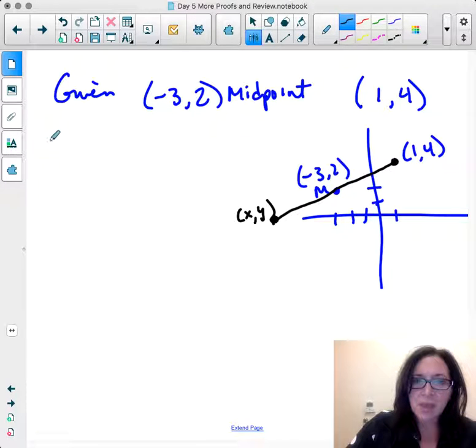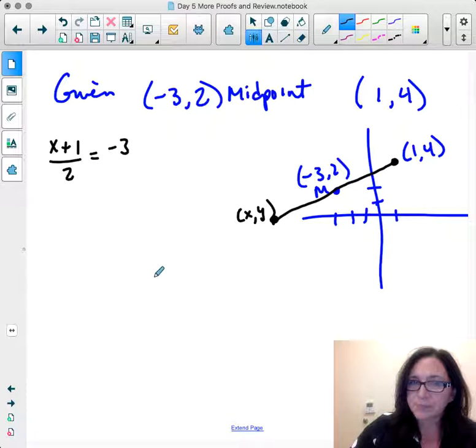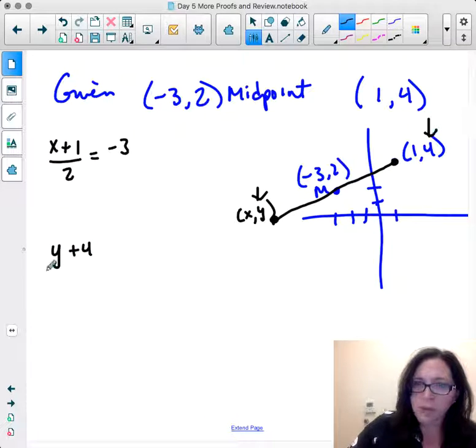So you're going to go x plus 1 divided by 2 is equal to the x coordinate of the midpoint. And to find the y value, you're going to go y plus 4, find the average, divided by 2 is equal to the y coordinate, which is 2.